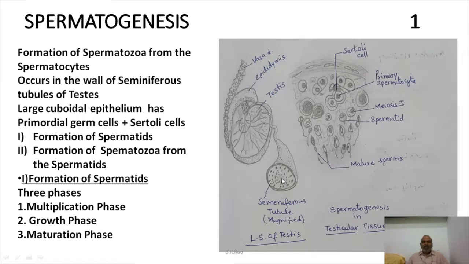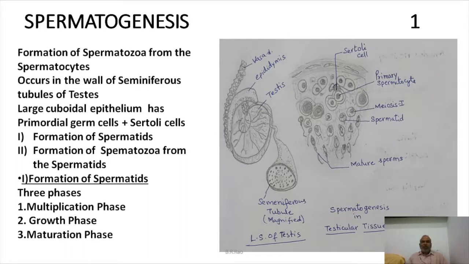So these three cells take a very vital role in spermatogenesis: the germinal cells, the Sertoli cells, and the interstitial cells, otherwise called Leydig cells. Where are the germinal cells present? These are present in the seminiferous tubules. Where are the seminiferous tubules? They are located in the testicular lobules of the testis.